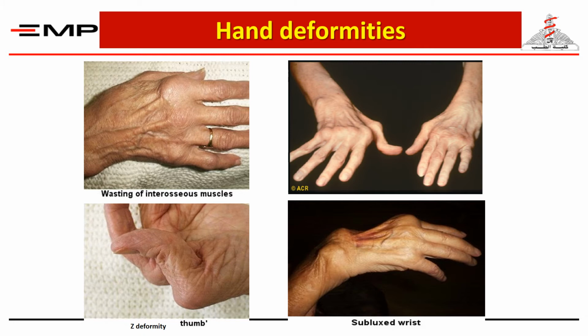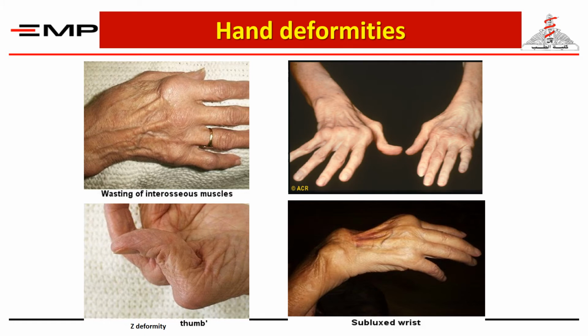In the one at the upper left, as we see, there is wasting of the interosseous muscles, the small muscles of the dorsum of the hand. In the upper right, there is ulnar deviation and also wasting of the interosseous muscles.